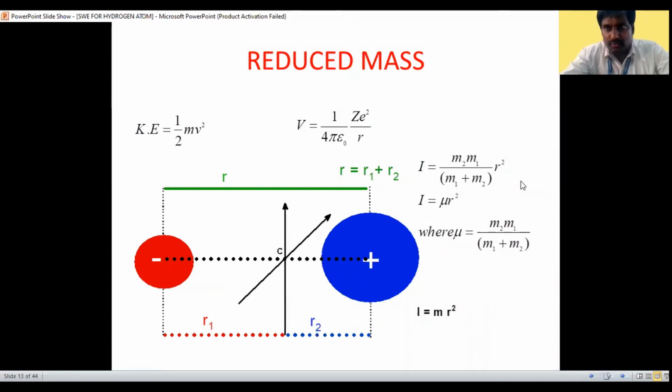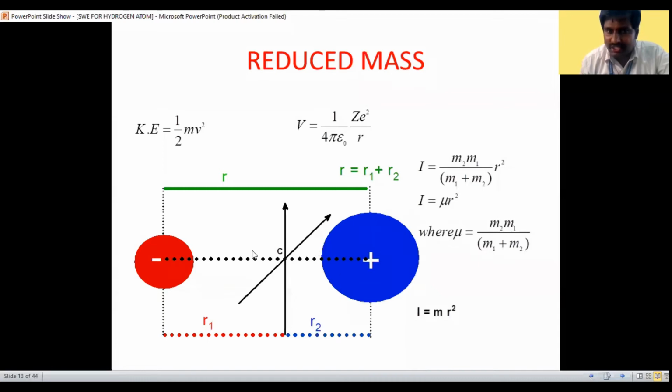Based on the moment of inertia, I is equal to m r square. There is a large difference between the mass of the proton in the nucleus and the electron, around 2000 times lower. The electron has a lower mass than the nucleus, and the potential energy is 1 by 4 pi epsilon into Ze square by r. Here Ze is the charge on the nucleus and e is the charge on the electron.